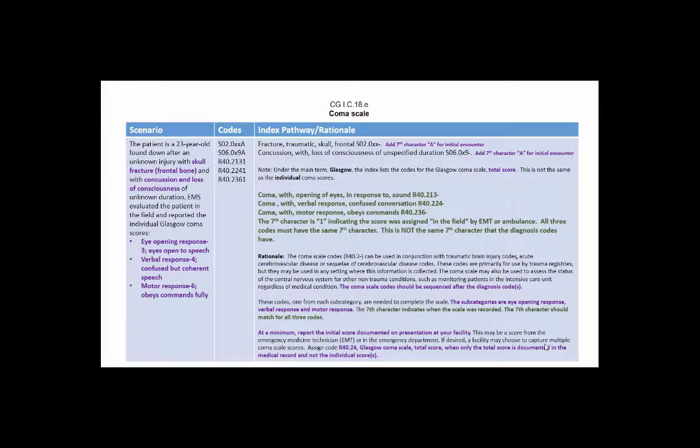Depending on the physician and the facility, they look at different things. But I would ask you, because of the importance of this slide, that you would review it more than once. So you understand that you do code those individual scale scores. They must all have the same 7th character, but that 7th character is not the same 7th character as the diagnosis codes. Quite different.